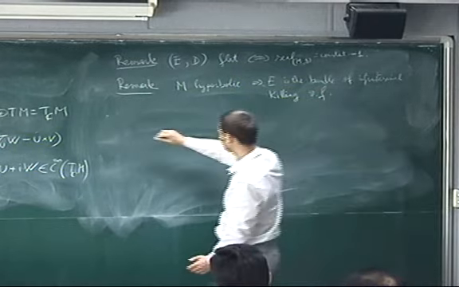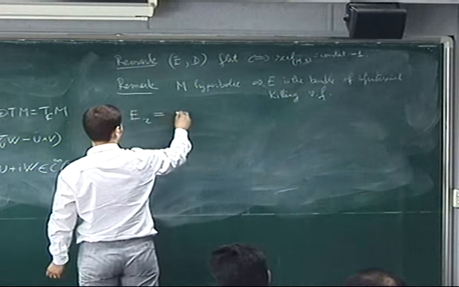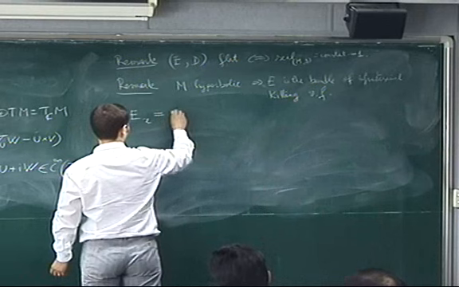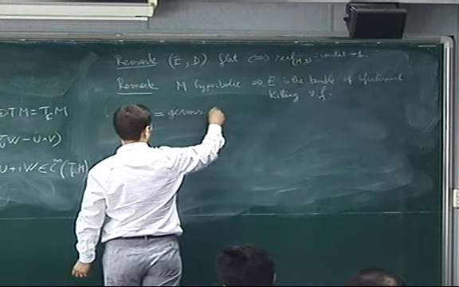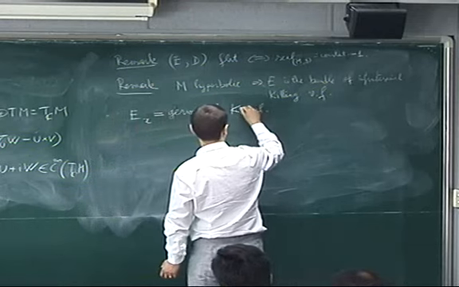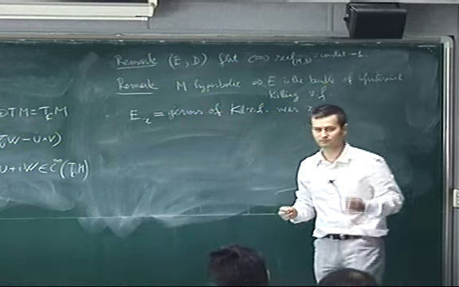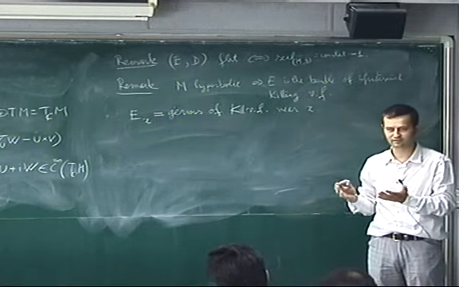Namely, E at a point X can be identified with germs of Killing vector fields near X. So not just at X, but near X. It's a little strange. Yes?